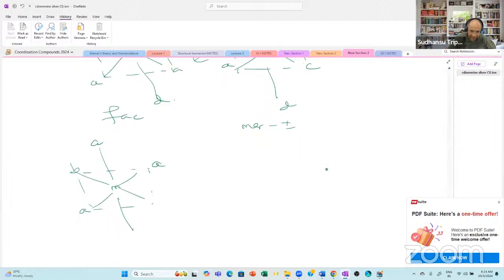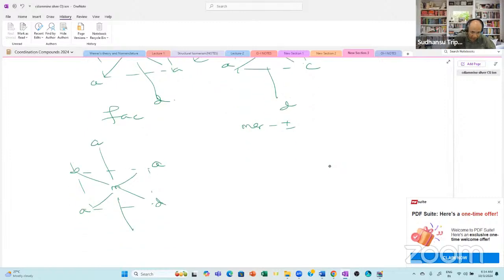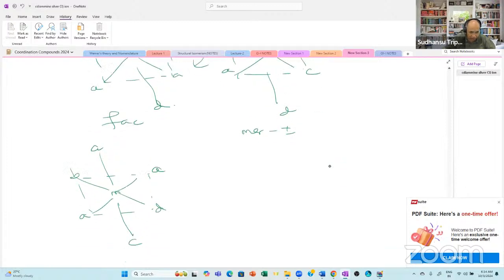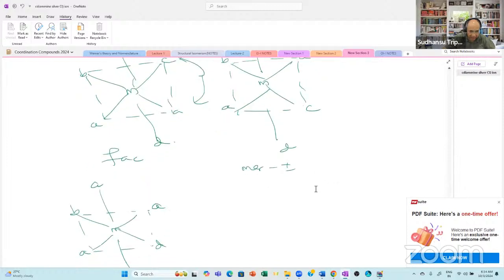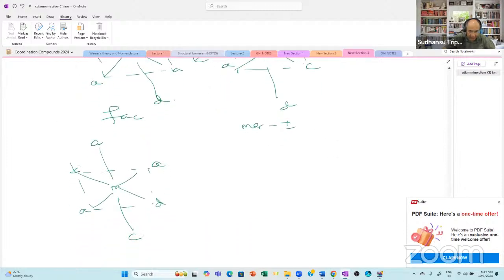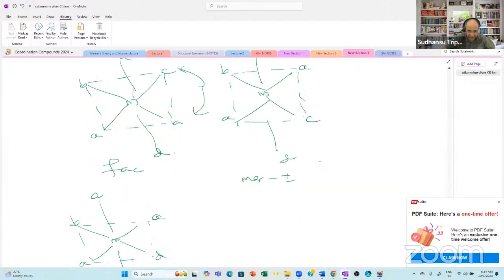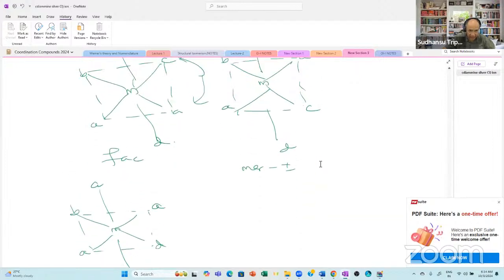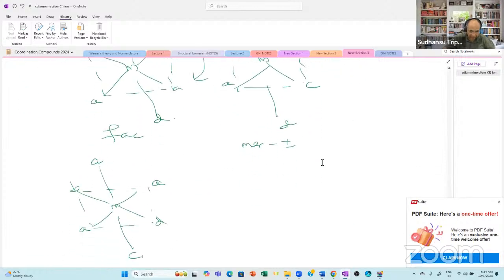B here, I will bring D opposite. Thus, there will be a switch between these two, C and D. Then what I will do? I will get the other one. Now BD opposite, it was BC opposite. Then how to get the third one? We have to bring another one. There will be 3 mer.